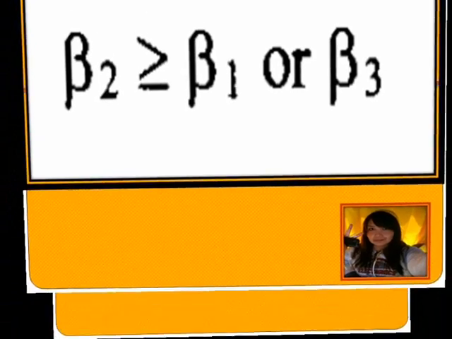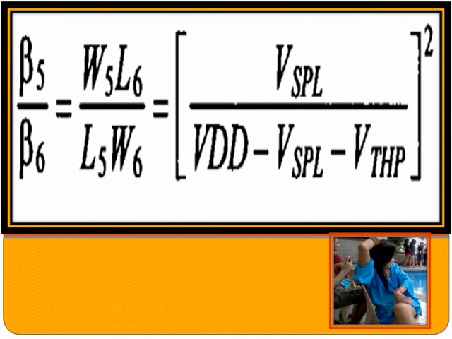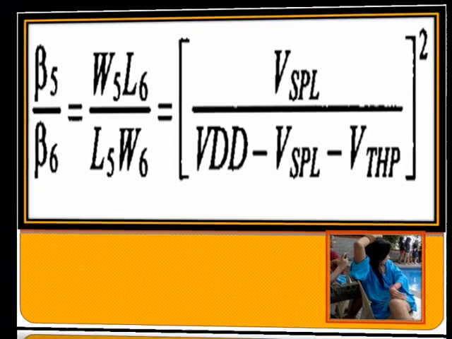The combination of the first and second equation yields the equation of beta sub 1 over beta sub 3, which is equal to W1 L sub 3 over L sub 1 W sub 3, which is equal to the quantity of VDD minus VSPH over VSPH minus VTHN quantity squared.